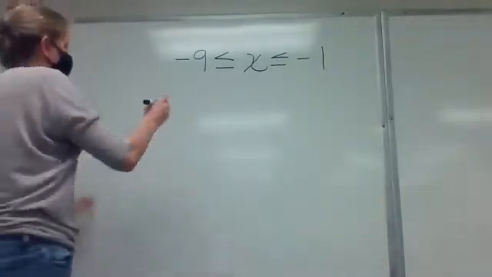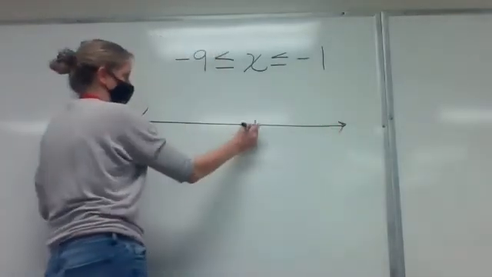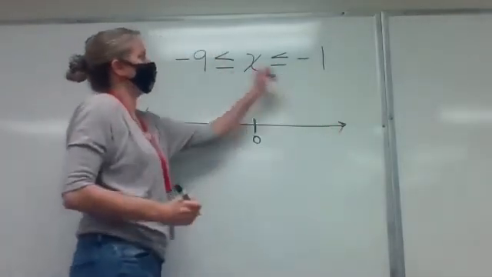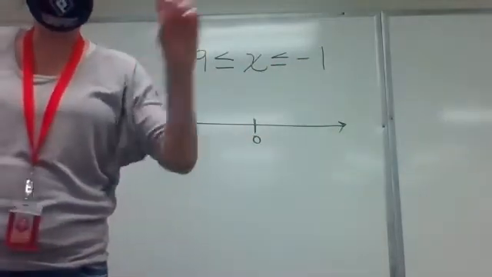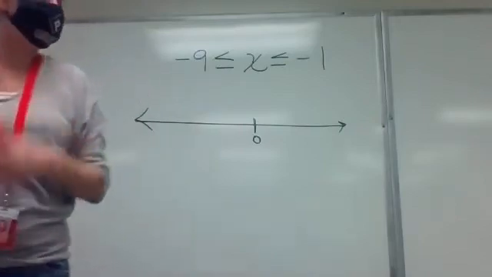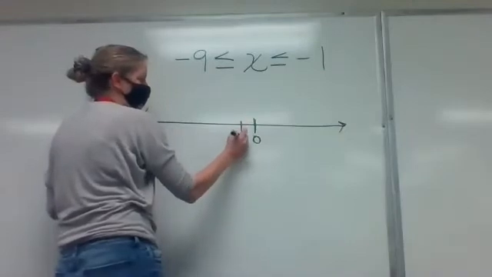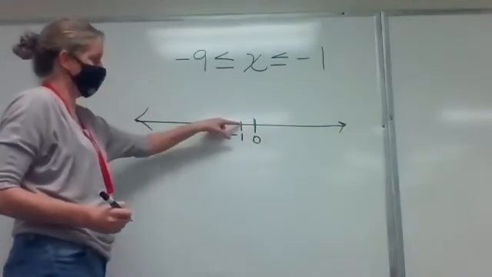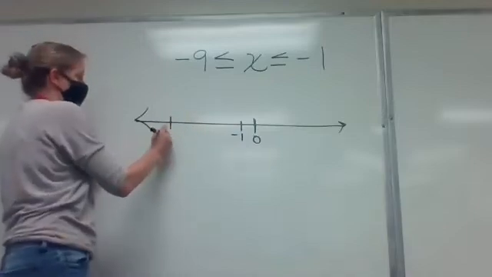So I'm going to draw my number line. Here's my 0. I need these two numbers represented on my number line. This one has 2 numbers represented instead of just 1. So put them both on the number line. This -1 would be right here, because then it's going -2, -3, -4, all the way down to -9.